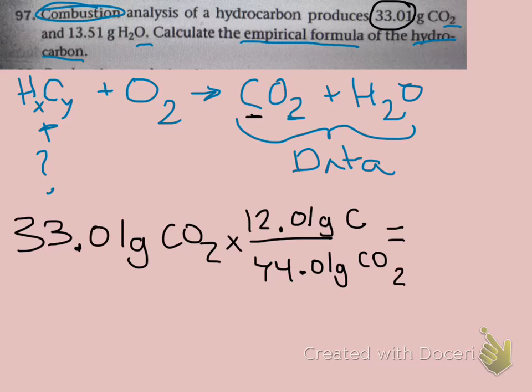And then we're going to do the same thing with water. Notice that the only spot that hydrogen shows up in our products is in H2O, which means all of our hydrogen is contained in the 13.51 grams of water.